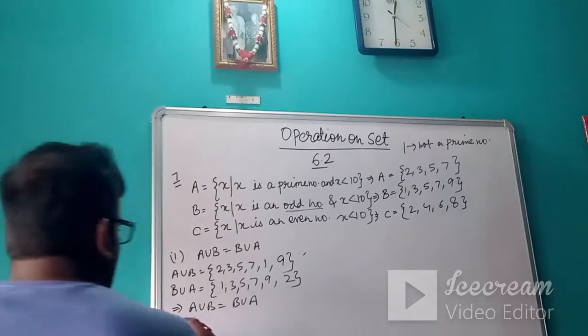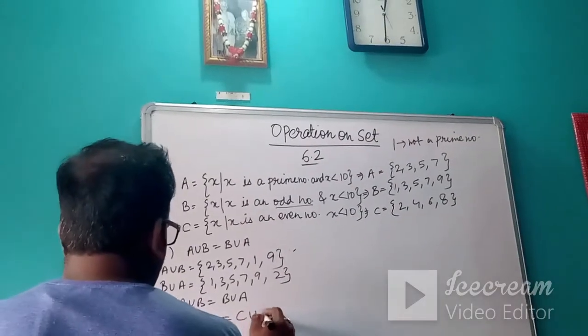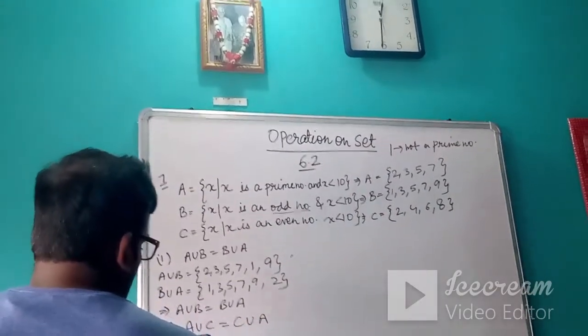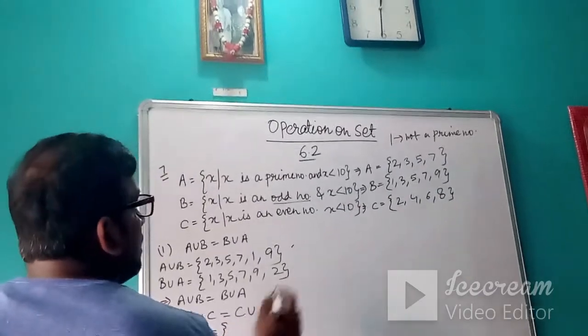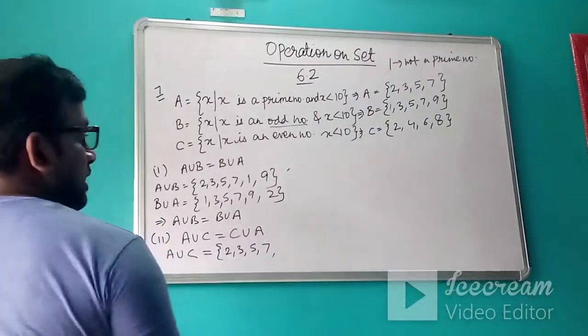Next, we have to prove that A union C is equal to C union A. First we will write A union C: 2, 3, 5, 7, then 4, 6 and 8.